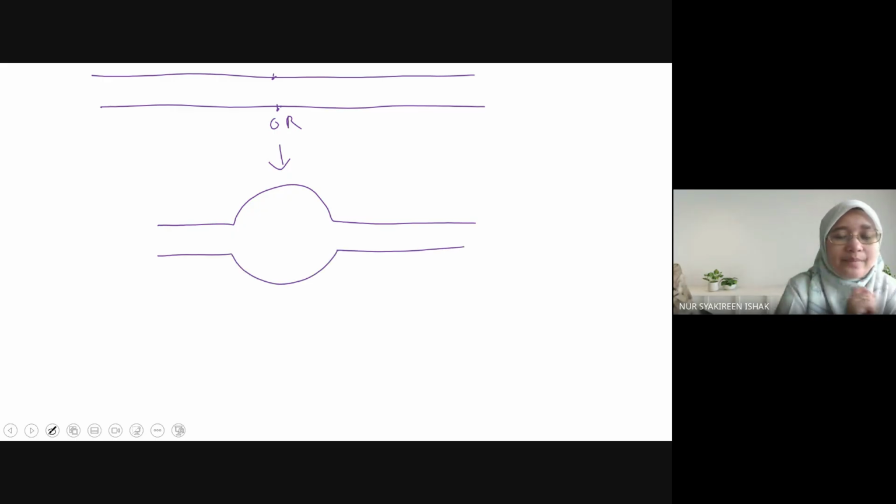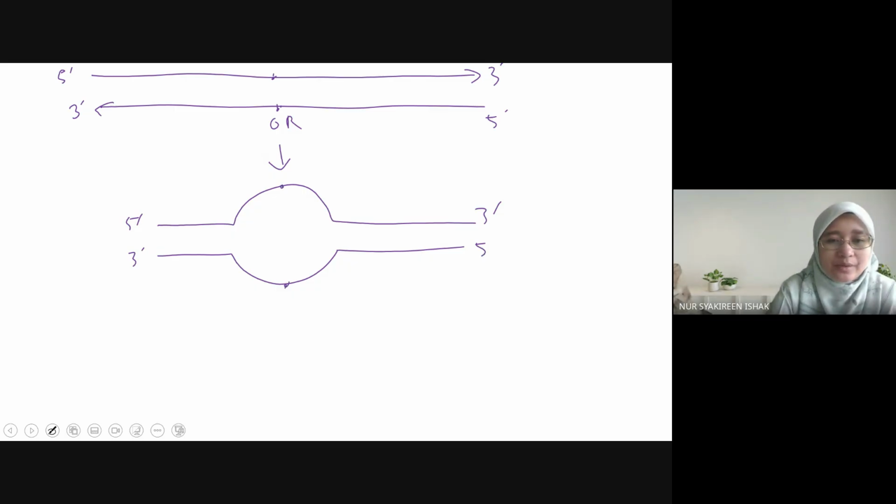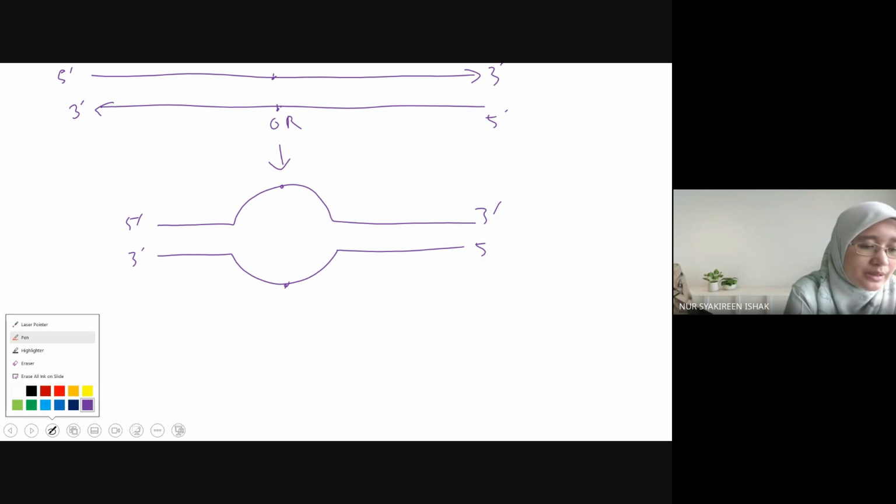Okay, let's number the strand. So 5', 3', over here is 3', over here is 5'. Same goes to this one. This is 5', this is 3', this is 3', this is 5'. Here you have the origin of replication. At the origin of replication, awak kena tahu the numbering also.